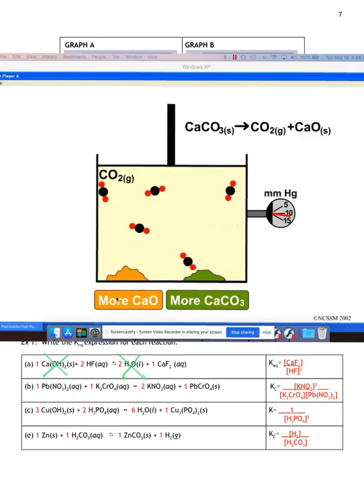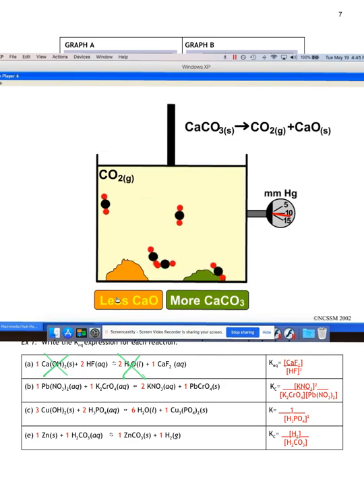As I add more calcium oxide, watch to see what happens. Does that change the amount of carbon dioxide? It's still 5, right? So it looks like adding more solid to a system that's at equilibrium has no impact on it. If I add more or take away, it's not going to impact.